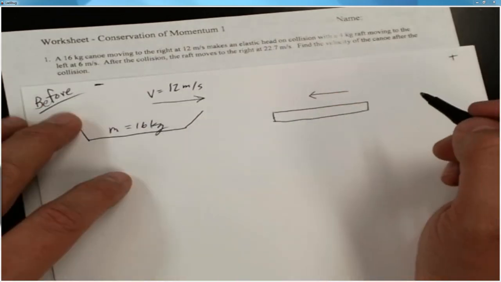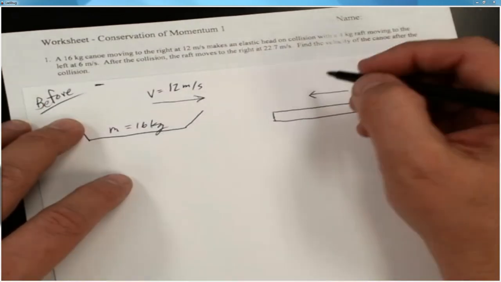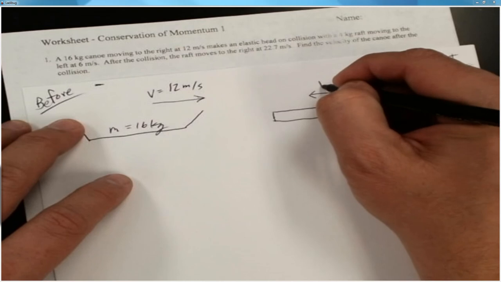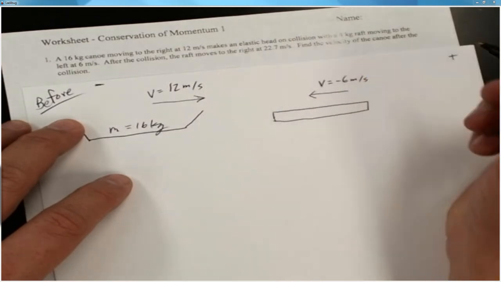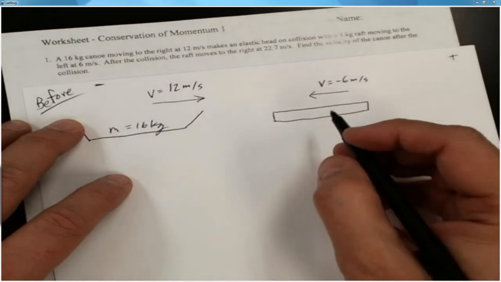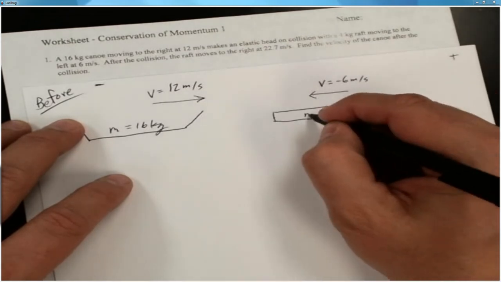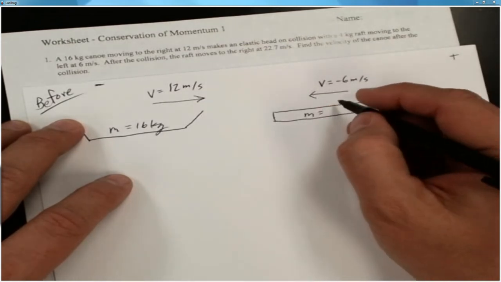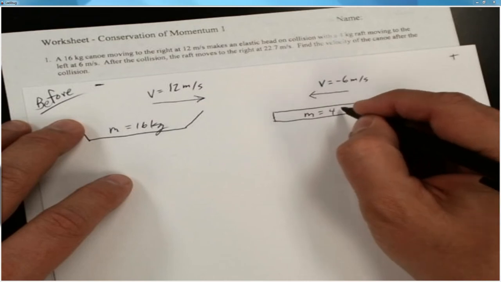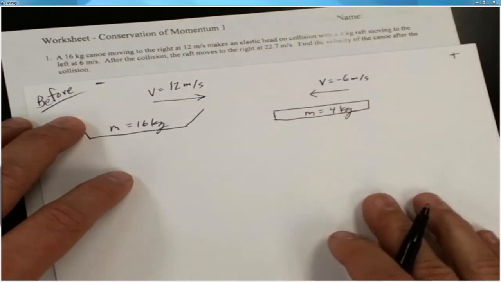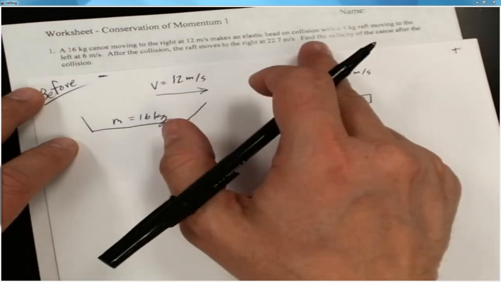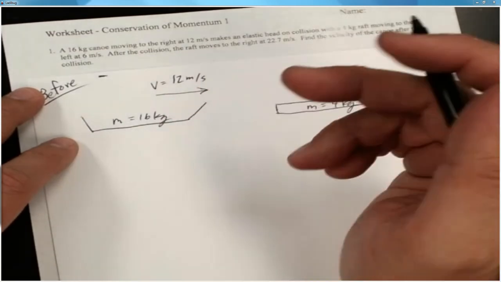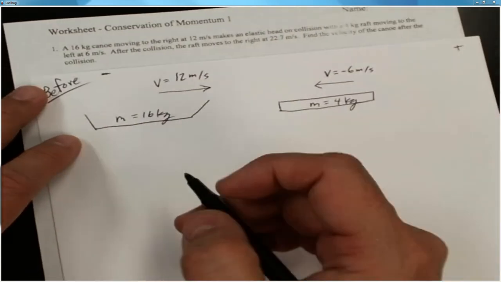And it is going at 6 meters per second, but it's going in the left direction, so that's negative 6 meters per second. And its mass is 4 kilograms. After the collision, find the velocity of the canoe. Okay, we'll deal with that in just a second.